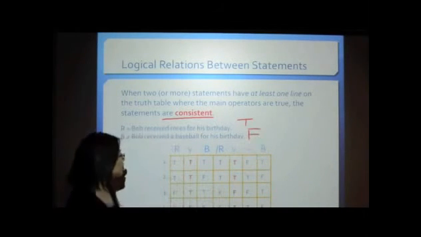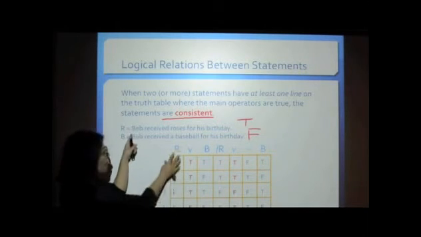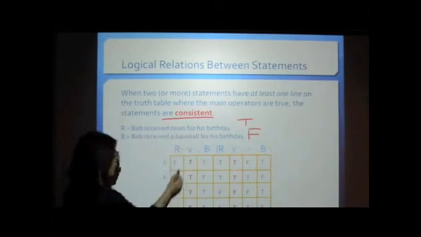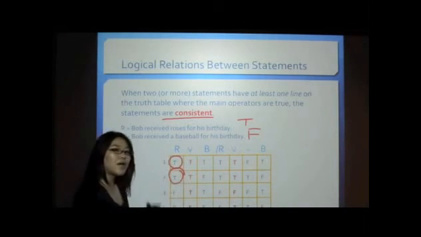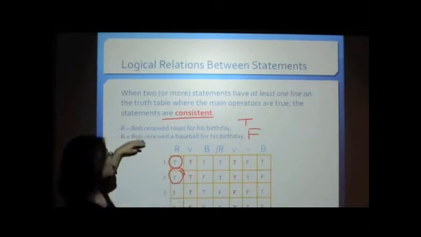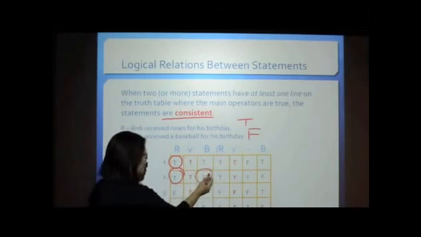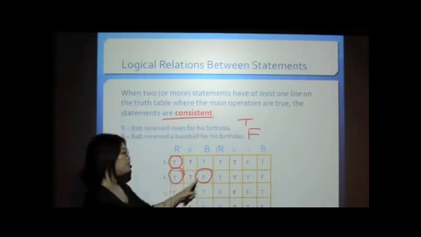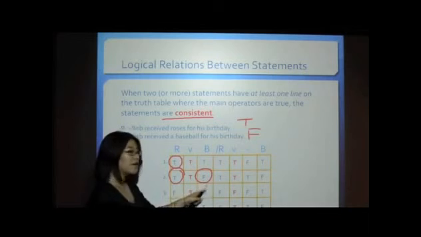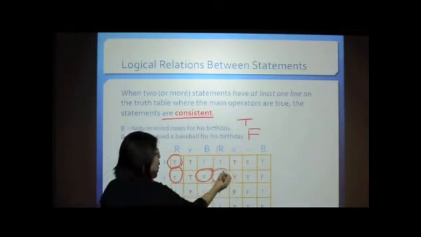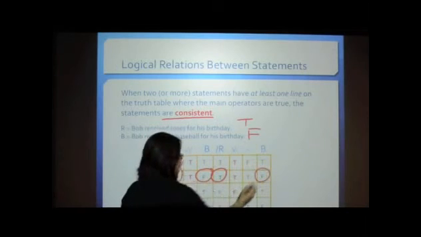Then if you see here on the truth table, where R is true, so here you have R being true, and you have R being true here, but also where you have B being false, which is only here, where you have R being true and B being false, and notice for this statement as well, R being true and B being false.